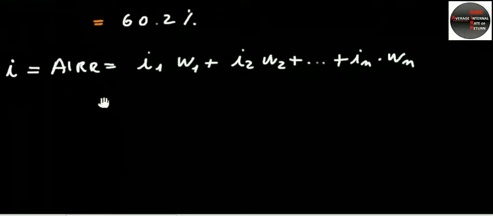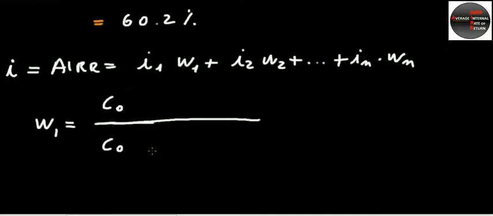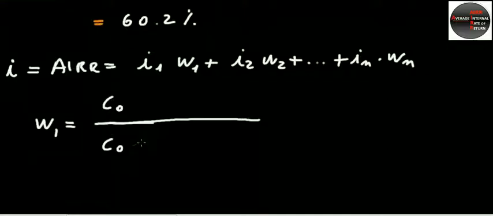The weights are measured as follows. The first weight is capital invested at the beginning of the first period divided by the total capital invested. The total capital invested is the present value of all the capitals invested in various periods.